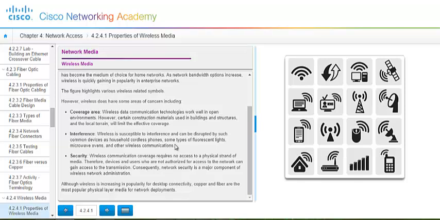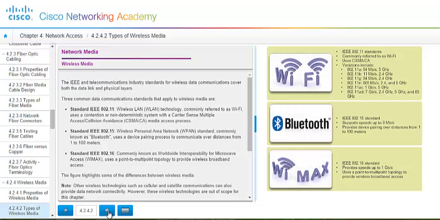Wireless is susceptible and can be disrupted by such common devices as your home cordless phone, some types of fluorescent lights, microwave ovens, and other wireless communications. And then you have your security concerns. How secure is that wireless connection? Devices and users who are not authorized to access the network can gain access to the transmissions, so they can grab your information. So you have to be careful there.